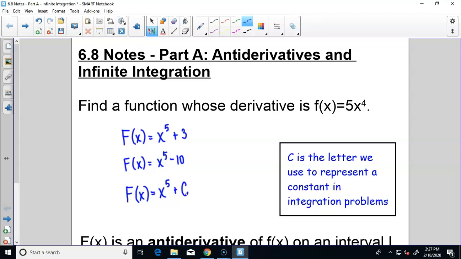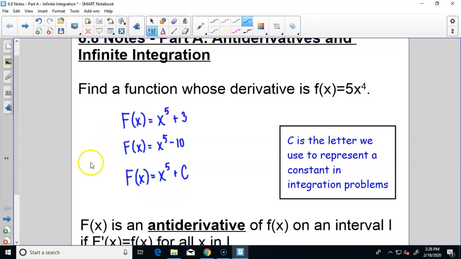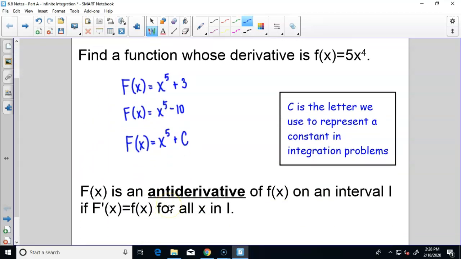When we integrate something, we can put that capital C there, and that tells me that I could have any constant added to this. I'm not sure what that constant is. A word I really have not used up until this point is antiderivative.